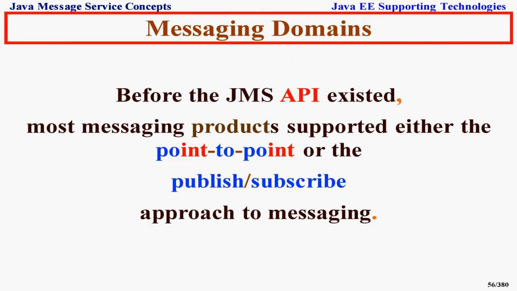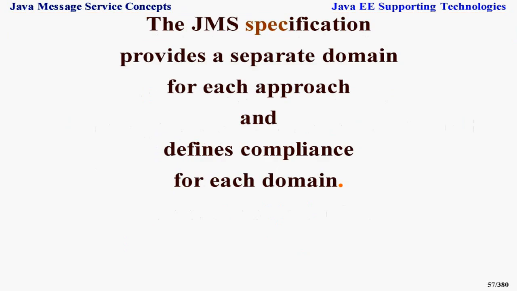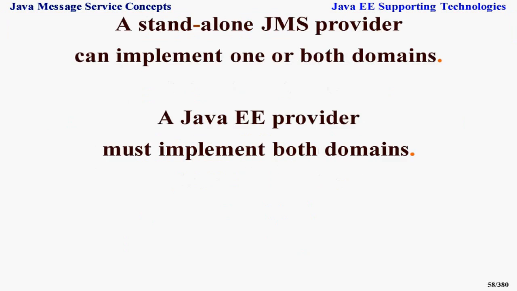Messaging domains. Before the JMS API existed, most messaging products supported either the point-to-point or the publish-subscribe approach to messaging. The JMS specification provides a separate domain for each approach and defines compliance for each domain. A standalone JMS provider can implement one or both domains.